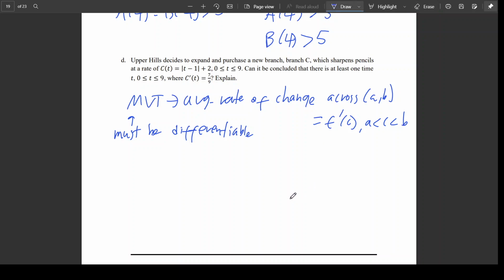So we can say that since c prime of t does not exist at t equals 1, the mean value theorem doesn't even apply. So we can just ignore all of this because c prime of t isn't even defined at t equals 1, so it doesn't even meet the conditions.